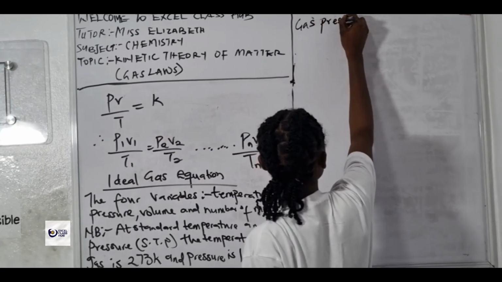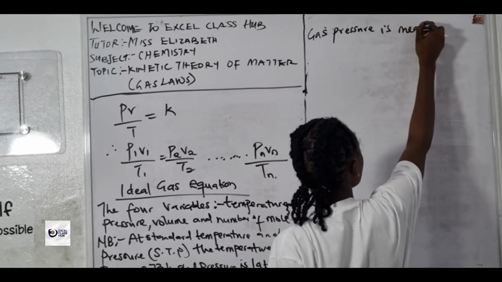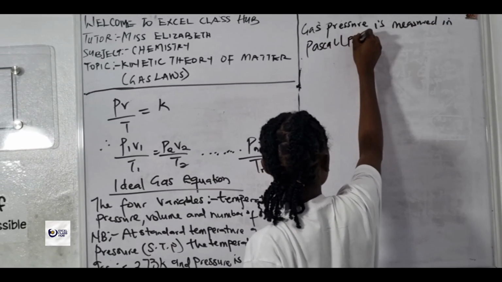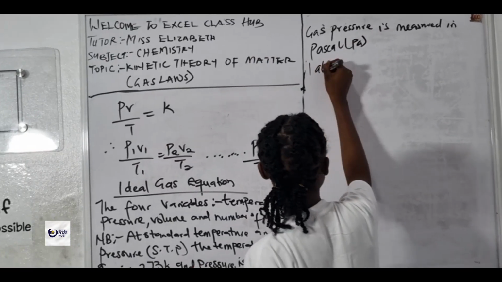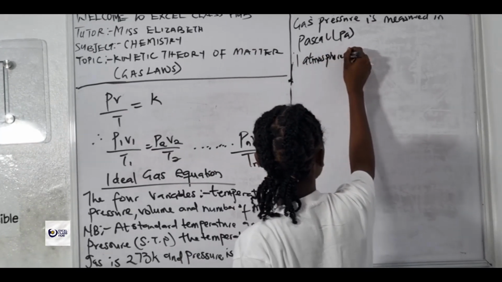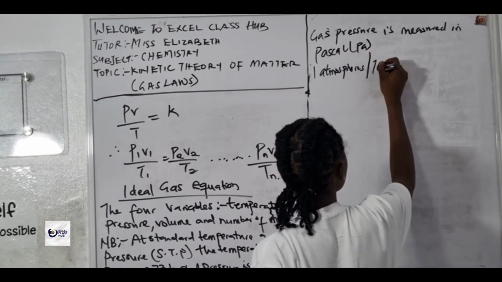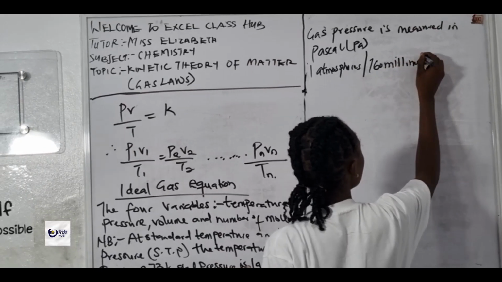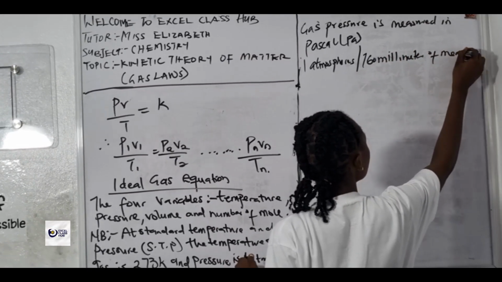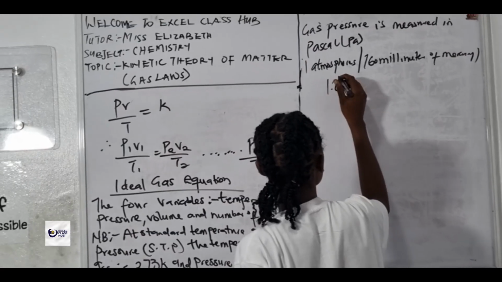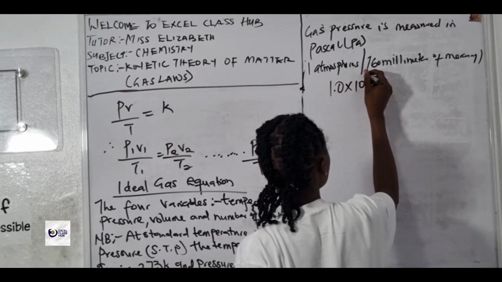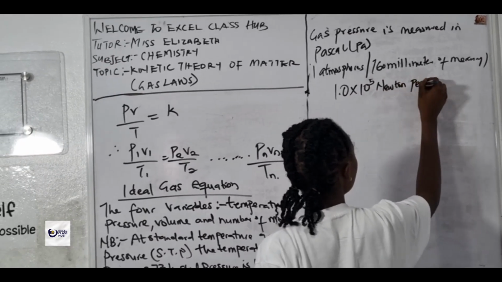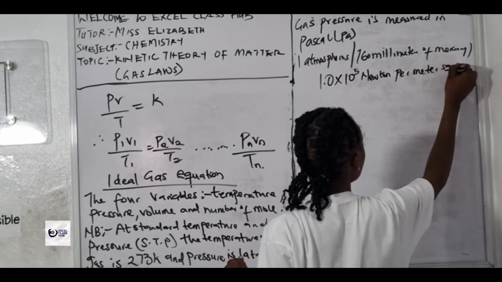Gas pressure is measured in Pascal, Pa, which can also be 1 atmosphere or 760 millimeter of mercury or 1.0 times 10 raised to power 5 Newton per meter square.